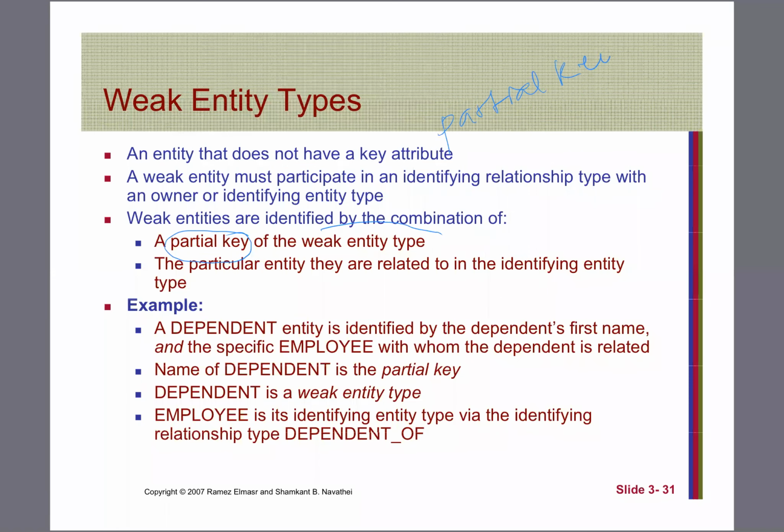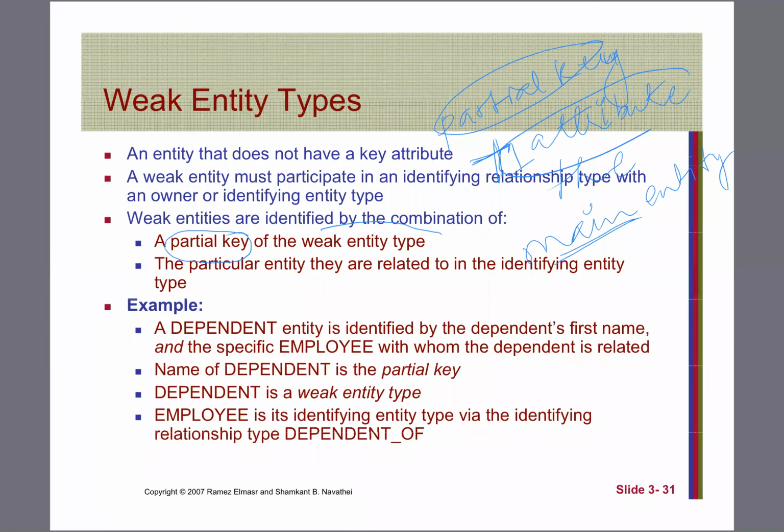Partial key from the weak entity plus one attribute value from the main entity, as in the entity to which it is related. Okay, so I'll just call it for my convenience main entity. So a combination of these two, partial key and some attribute from the main entity, will help us recognize one particular row within the weak entity. So this is the weak entity explanation.